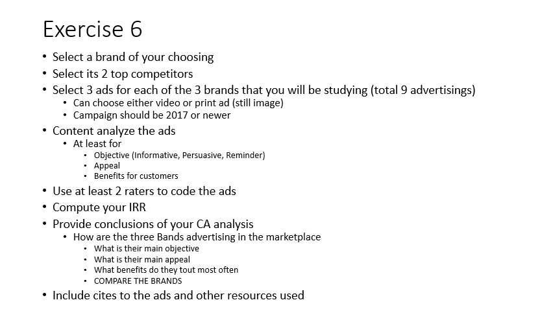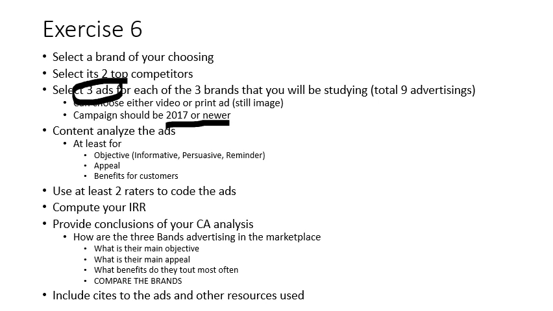Now for each of those 3 brands, you're going to pick 3 ads, right? Which 3? I don't care, it doesn't matter. 3 that you want. However, they need to be from the last 3 years. So let's put at least some time frame that is similar for all of them. Let's say, 2017 or newer, okay? Just to make sure that context hasn't changed dramatically in all cases.